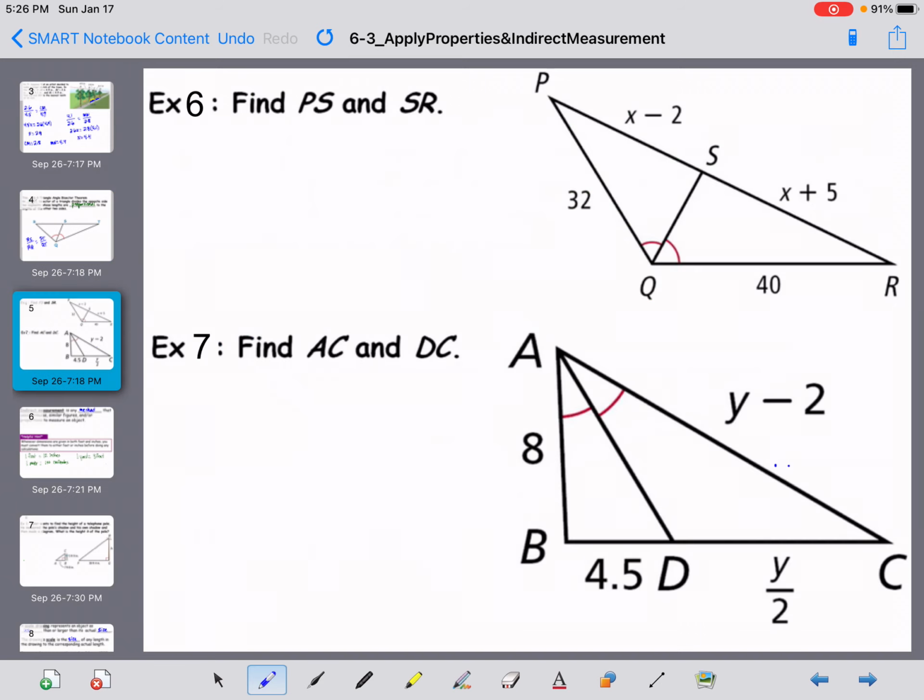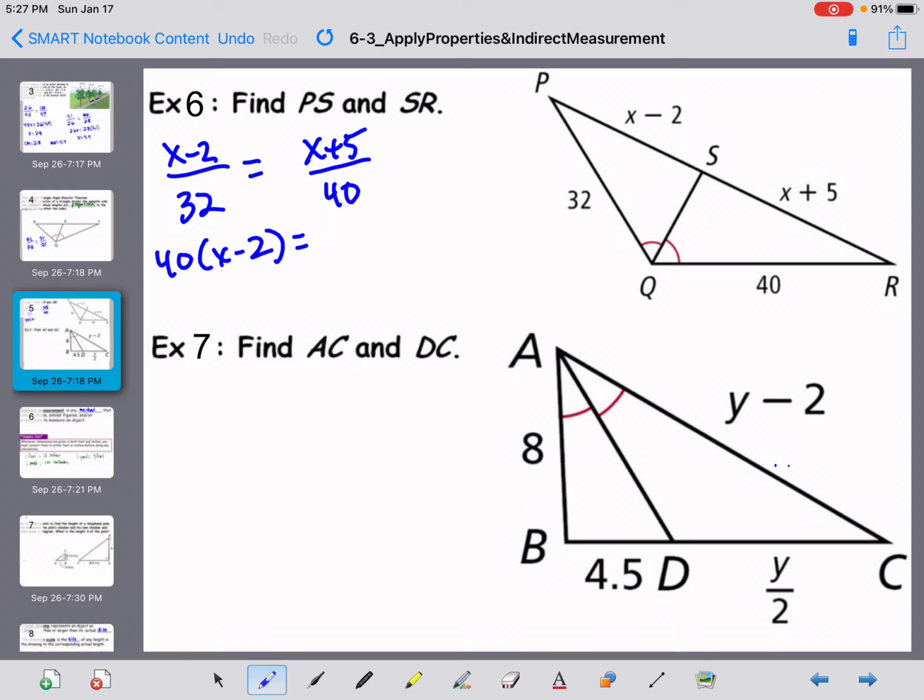Here's how it works. I need to find the length of PS and SR, so I've got not just x's here, I've got an x minus 2, so x minus 2 is to 32 like x plus 5 is to 40.